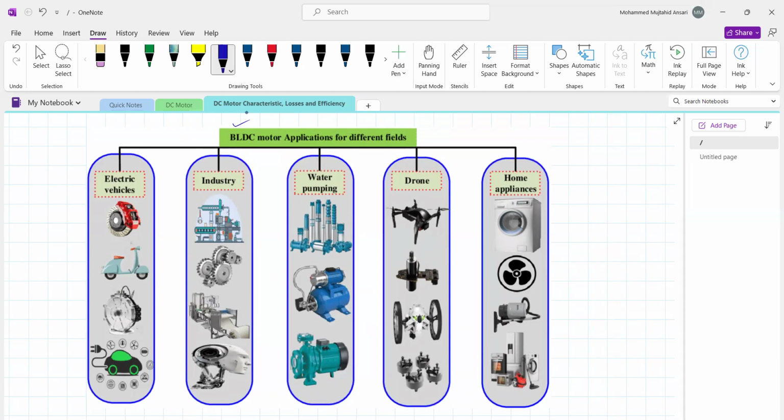Similarly, in industries, because of the permanent magnet, the iron losses and the copper losses in the stator winding are going to reduce. So the efficiency of the brushless DC motor or the permanent magnet motor is more as compared to the conventional or standard three-phase induction motor. So many applications are available in the industry.